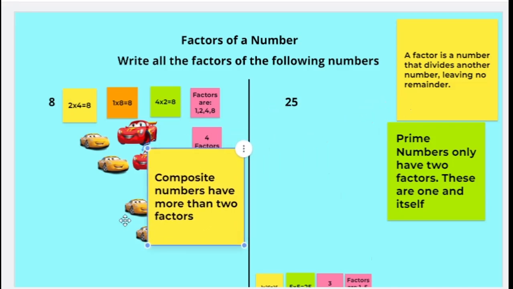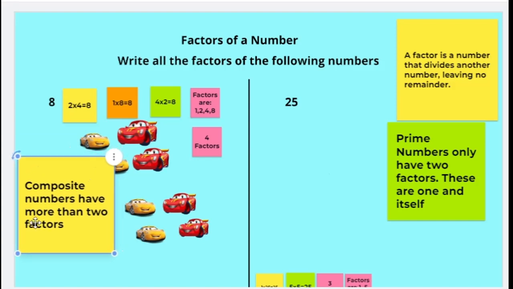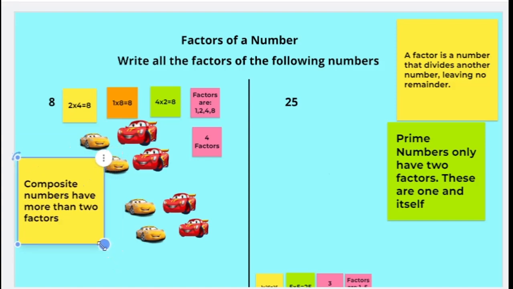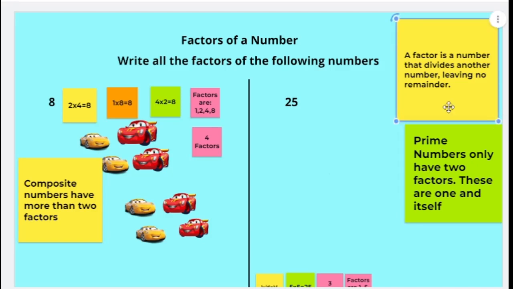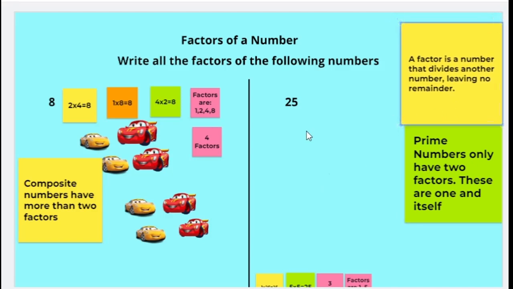All right. So, let's look at another number. 25. What two numbers can you multiply to get 25? One times 25 gives us 25.